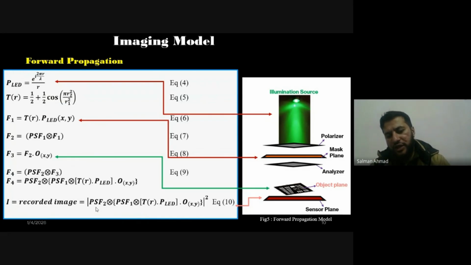From these recorded intensities, we then take the phase and the amplitude of the light. So we get the complete, detailed information from that recorded light intensity.